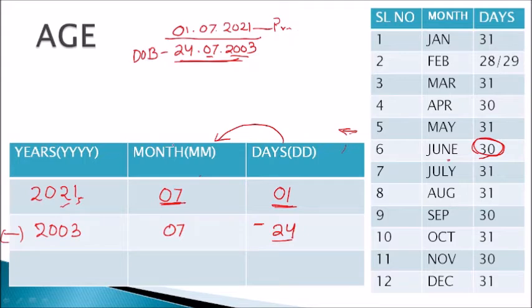So we'll borrow 30 days from this month. So here 30 plus 1 will become 31. Now you can subtract 24 from 31, then you will get the answer 07.